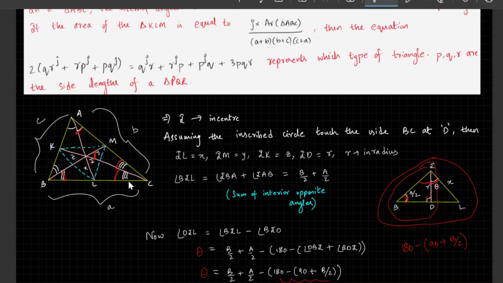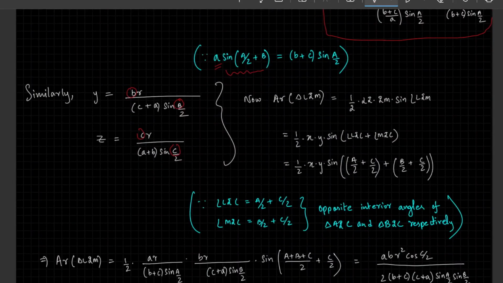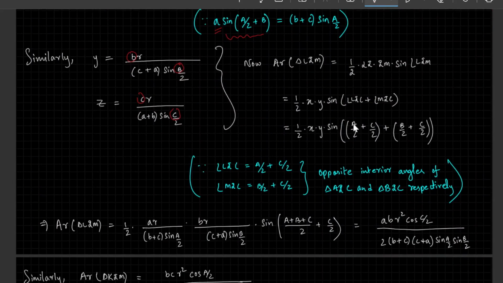So this is B/2 and C/2, this is A/2 and C/2. Just substituting that sum, we get A/2 plus B/2 plus C/2, and we are left with another extra term C/2. That is what we have written here. The x value we have derived, so we have substituted that. The y value we have derived, so we have substituted that. So finally we have got this. A plus B plus C is 180, so 180 divided by 2 is 90, and sine of (90 plus C/2) is cos C/2.